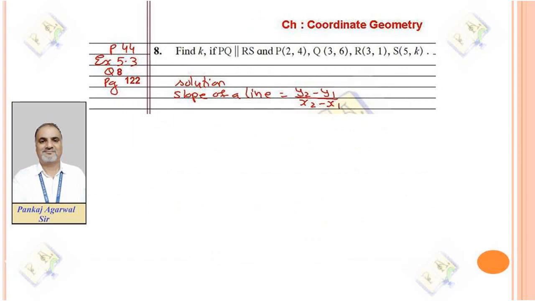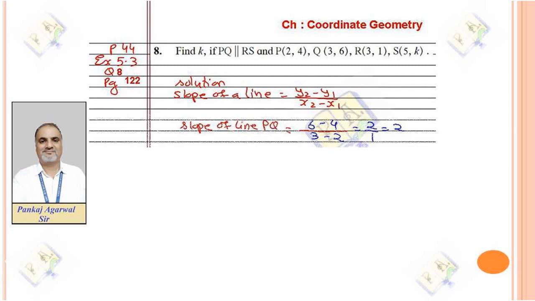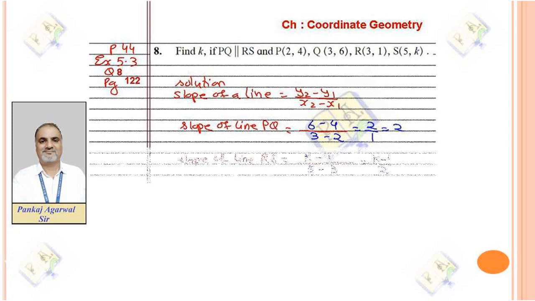P44. Find K, again which is a variable, if PQ is parallel to RS, where P coordinate, Q coordinate, R coordinate and S coordinates are provided. Again, we are going to find the two slopes. Hence, we will write in general the slope of a line y2 minus y1 whole upon x2 minus x1. We will calculate the slope of line PQ, which is 2.